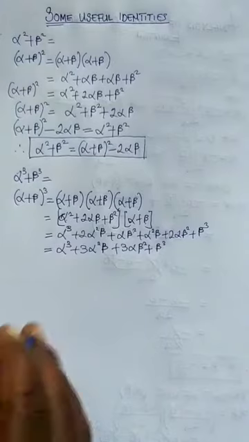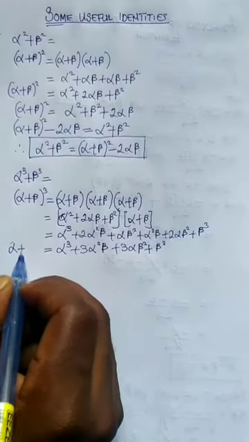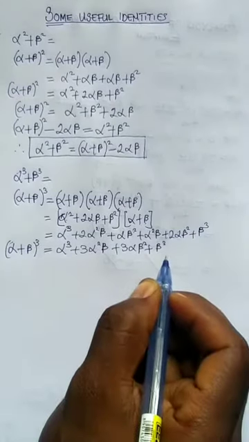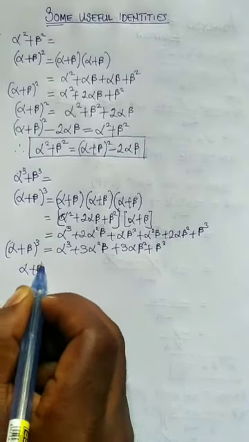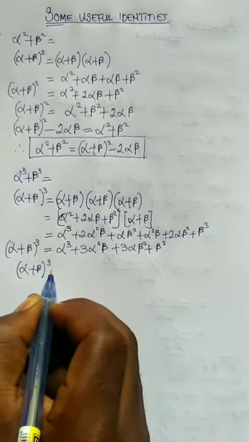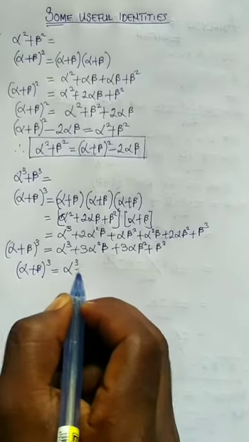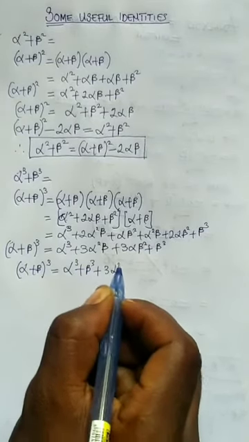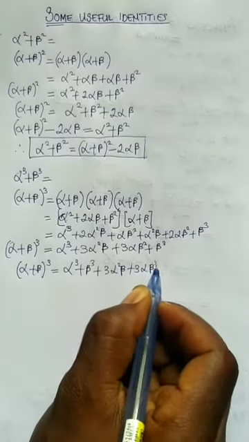Now when you do this, we know my alpha plus beta all cube is giving me this. So if I rearrange it, my alpha plus beta all cube will be giving me alpha cube plus beta cube plus 3 alpha square beta plus 3 alpha beta square.